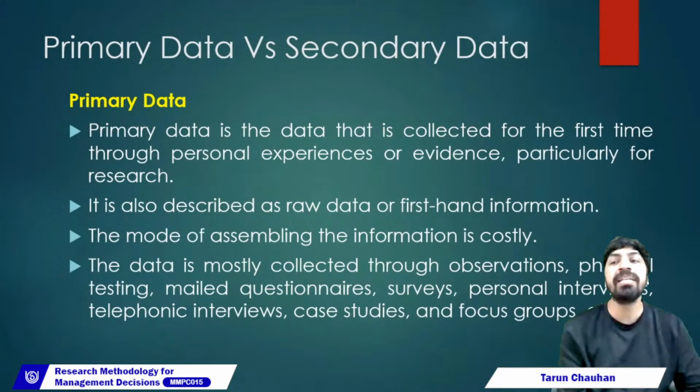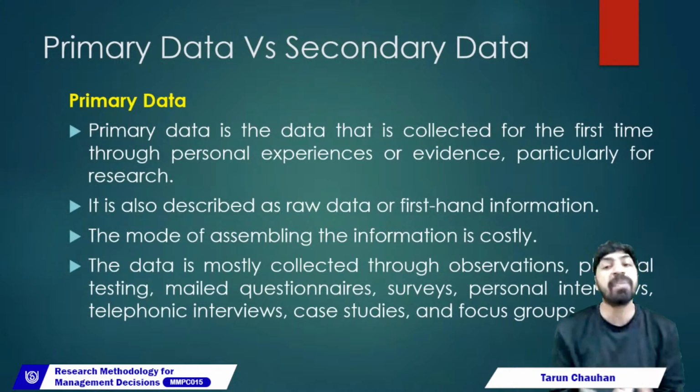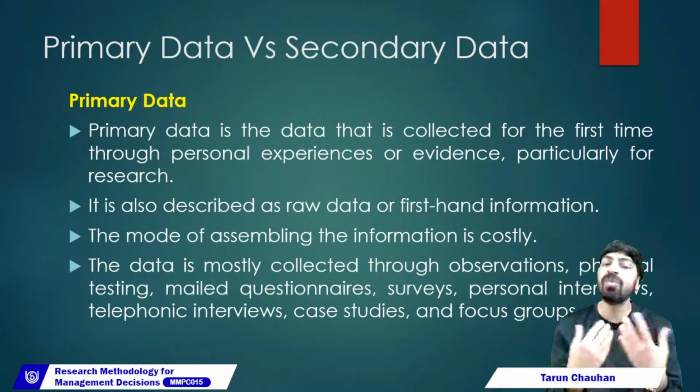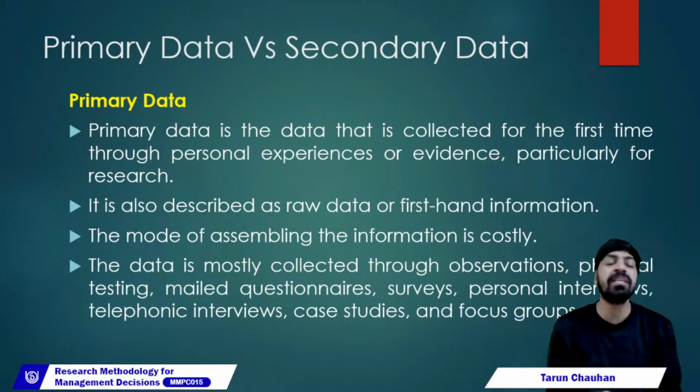Primary data is first-hand information, which includes personal experience and evidence that are very useful for the research done by a researcher. It also refers to raw data. Whatever information has been gathered and assembled is very costly, and statistical calculation on this data is very expensive.